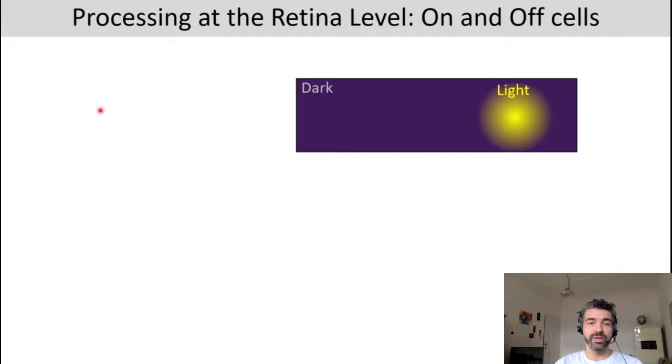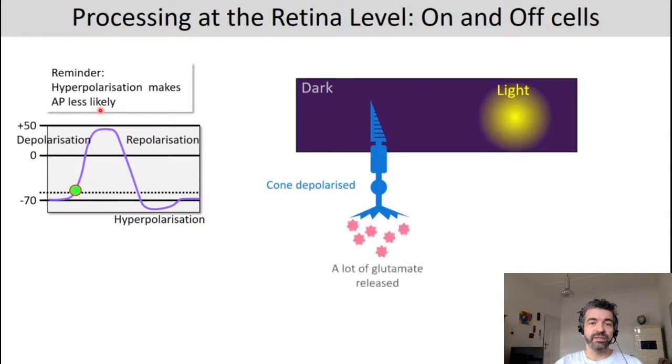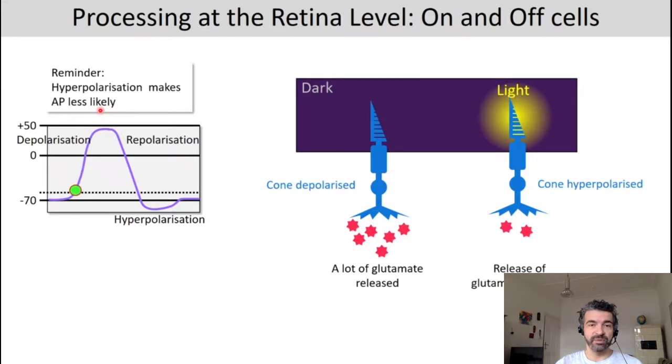So how do photoreceptors respond to darkness and light? If you don't present anything to the cone, if they're in the darkness, then they actually depolarize, which means that they release more glutamate. If you present light to a cone, then a cone hyperpolarizes and actually produces less glutamate.